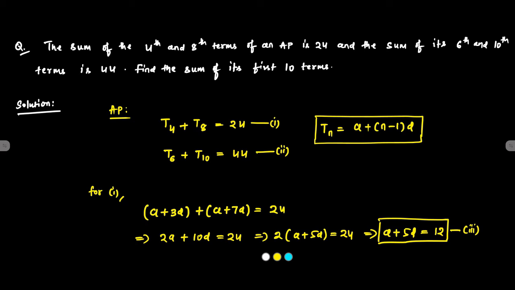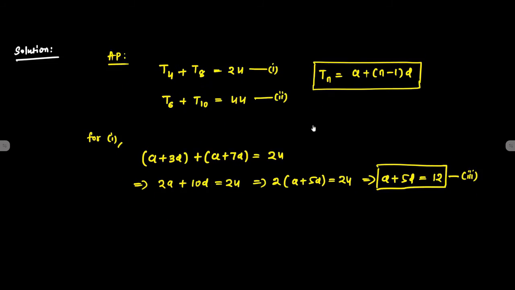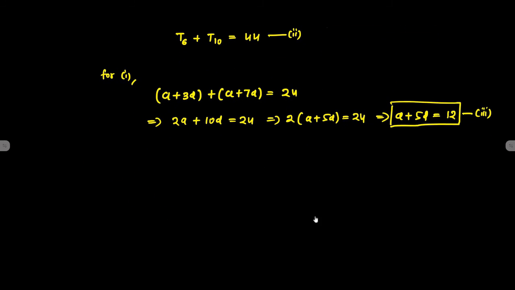Then we have from the second relationship, that is T6 plus T10 is equal to 44. We can write the sixth term as A plus (6 minus 1) into D, which is equal to A plus 5D, plus T10, which is equal to A plus (10 minus 1)D, that is A plus 9D, is equal to 44.